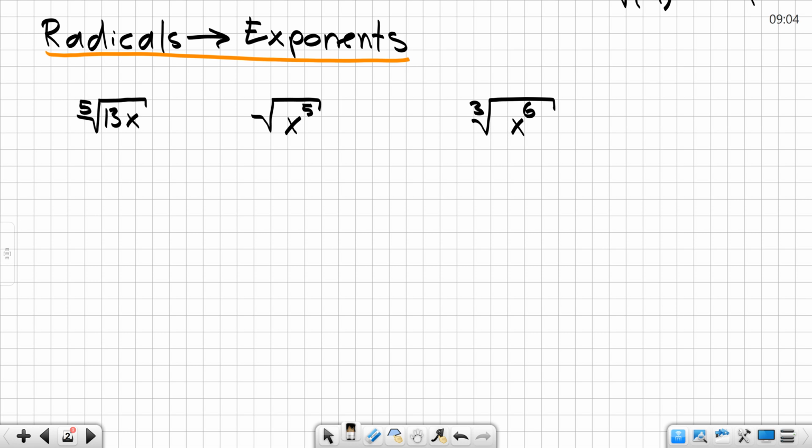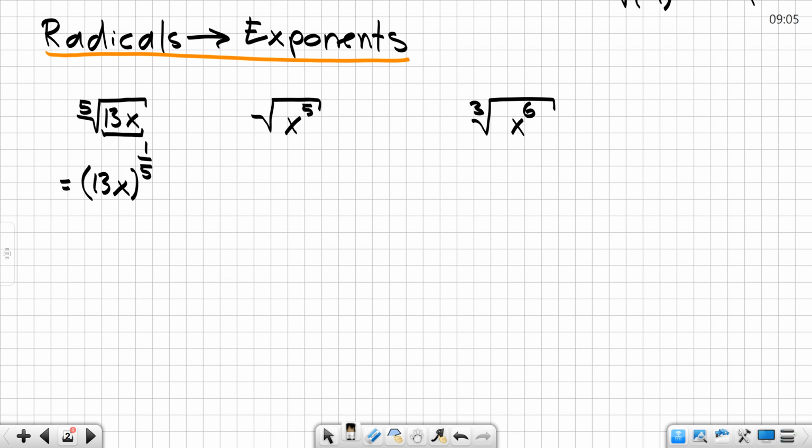So if I have here the 5th root out of 13x, and I want to rewrite this with a rational exponent, then all I have to do is take this radicand, the 13x, and I have to be careful that I place parentheses around this. Now I'm going to raise this to the 1/5. Remember, the denominators are the radicals. Those are the roots. And that was already it.